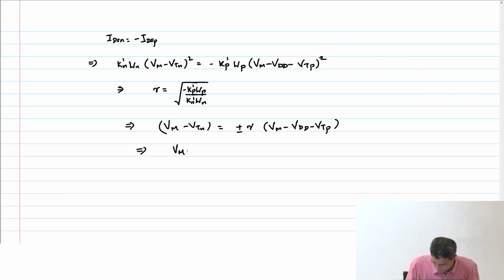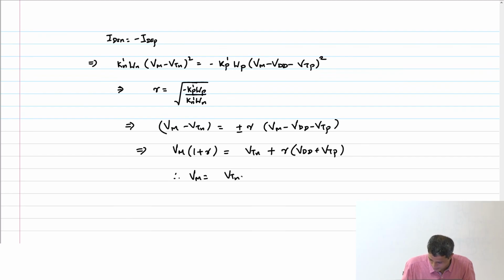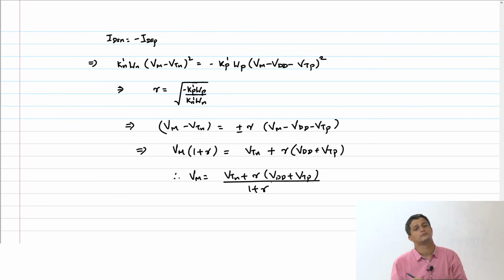This implies Vm into (1 plus R) equals Vtn plus R into (Vdd plus Vtp). Vm equals (Vtn plus R into (Vdd plus Vtp)) by (1 plus R).